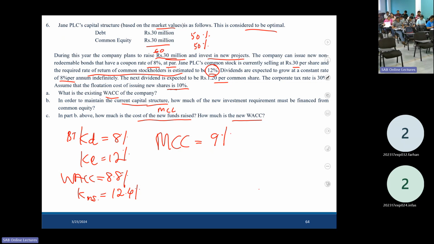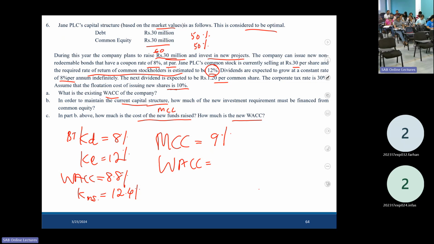So this is the existing weighted average cost of capital. So the new weighted average cost of capital is equal to: now you have raised an additional 30. Now your total capital is how much? 90 million. 60 million already there.